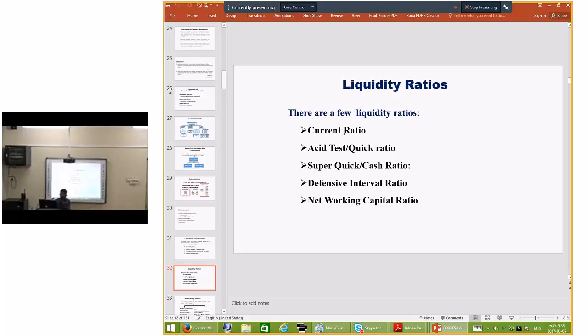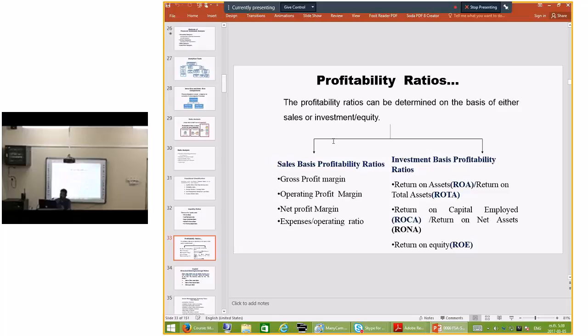There are a number of ratios. You should be able to interpret those results, meaning you can use those details to make decisions, right? That is the most important one. Not only the calculation part, you have to have the interpretation part, right?